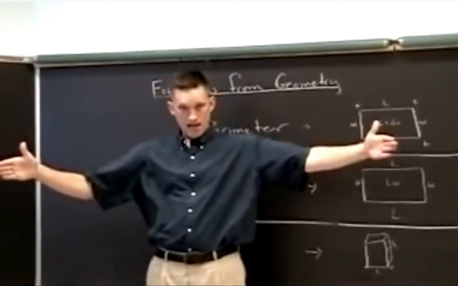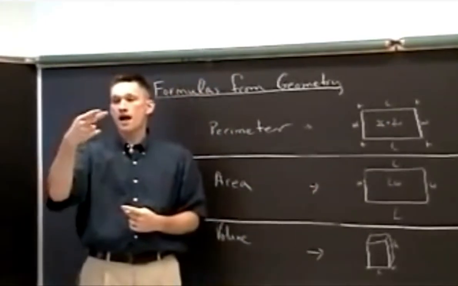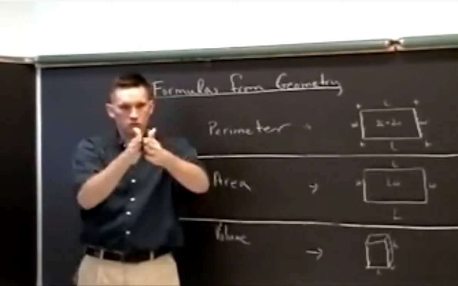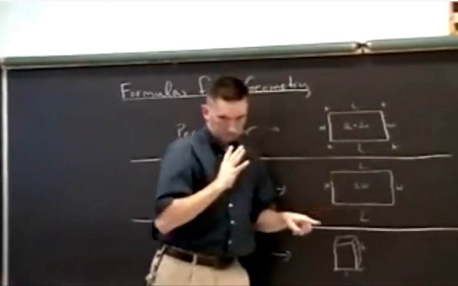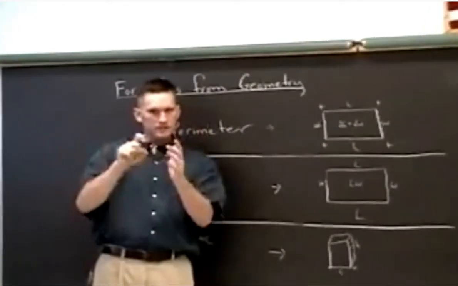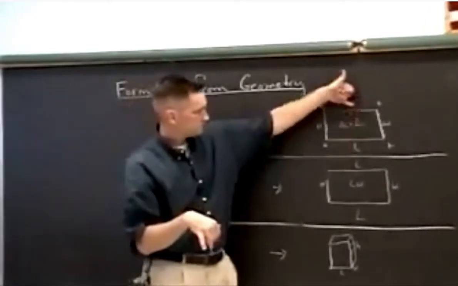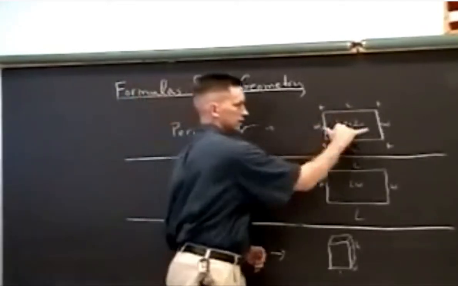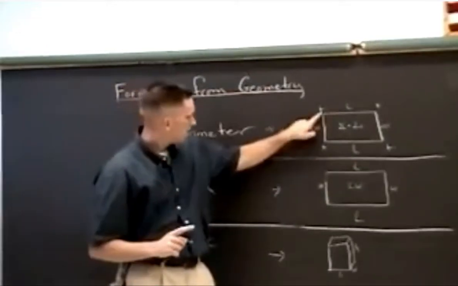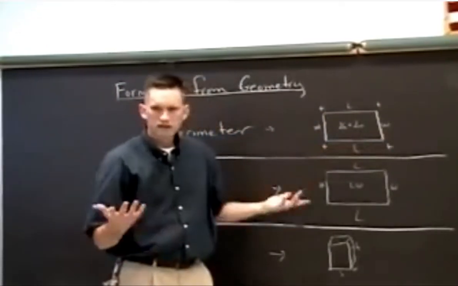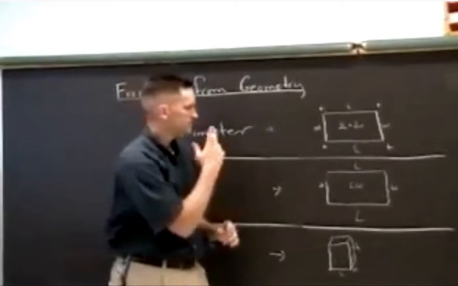So width and length are shown here on the board. The width is going to be the same and the length is going to be the same in this example. So we would add up each of those to get the perimeter.